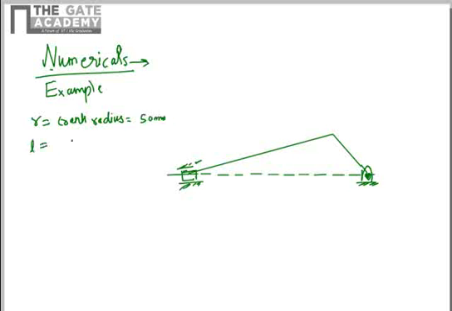Length of the connecting rod L is given as 200 mm. Crank angle at the position for which we want to do the analysis, theta, is given as 40 degrees. The crank revolves clockwise at a rotational speed of 1000 RPM. We have to find omega.